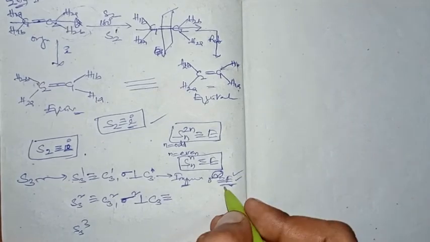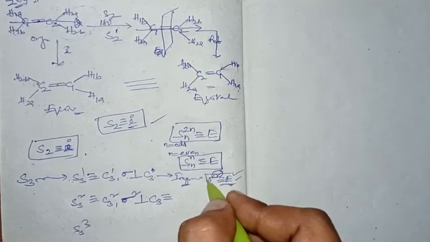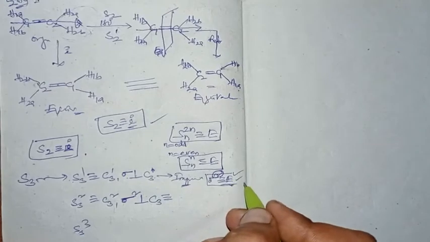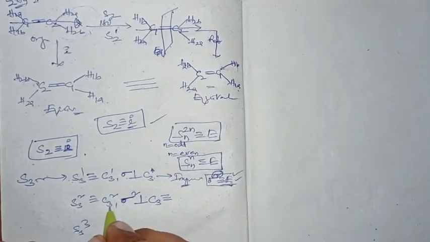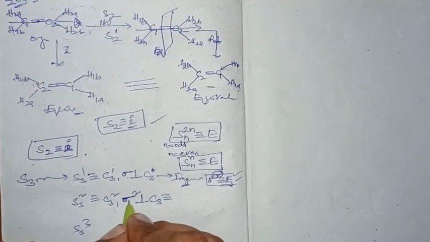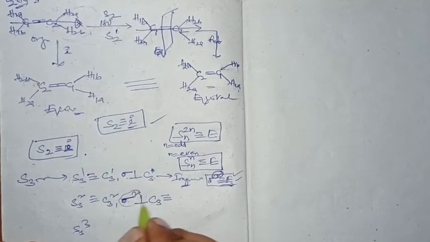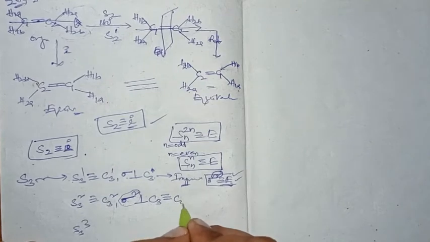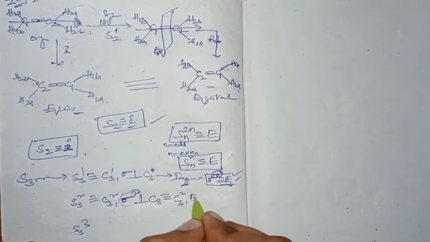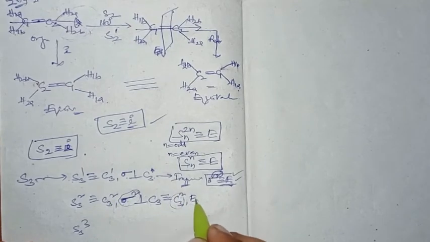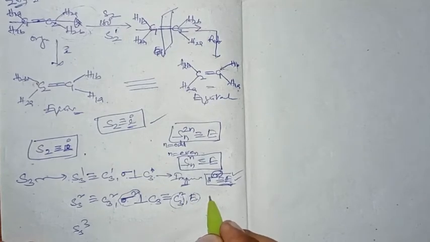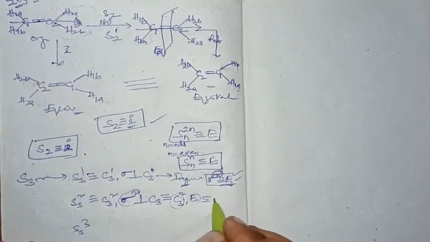So it is considered that sigma to the power of even times equals E. Here, rotation followed by reflection, the reflection becomes identity, so the rotation is followed by identity. I told you that doing some operation after the identity, or identity after some operation, is equivalent to that operation only.